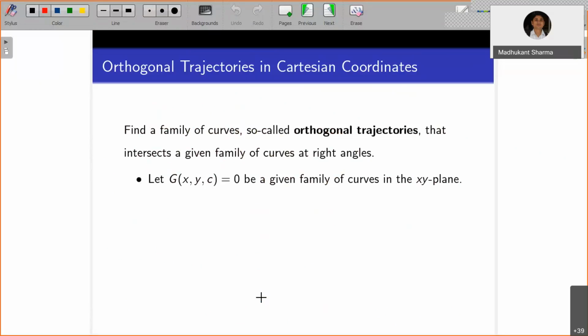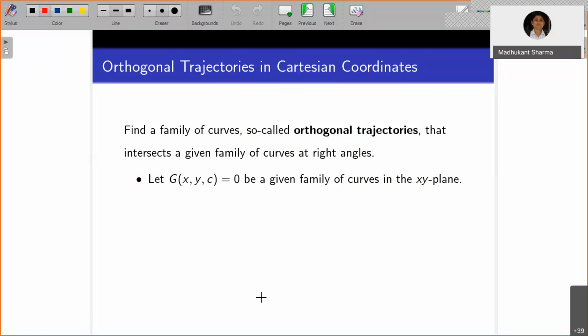If you are going to launch a satellite into some planet's orbit, you have to find a trajectory through which it should travel and reach that orbit, and then it will move around there and follow some particular trajectory only. You can consider that as part of the application of orthogonal trajectories. But how would you obtain these orthogonal trajectories?